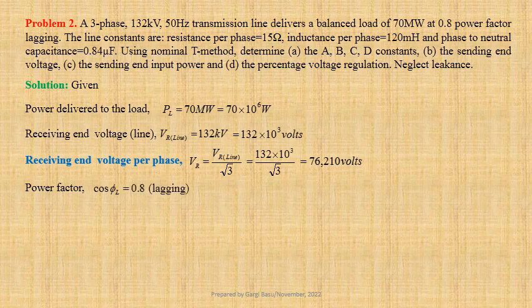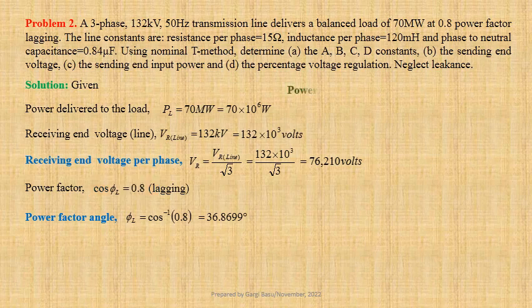Given load power factor cos phi L equals 0.8 lagging. Let us now determine power factor angle. Phi L equals cos inverse 0.8, that is equal to 36.8699 degree.